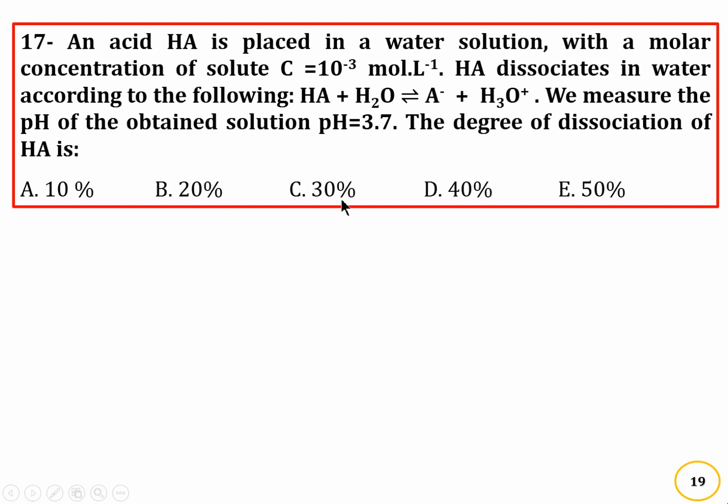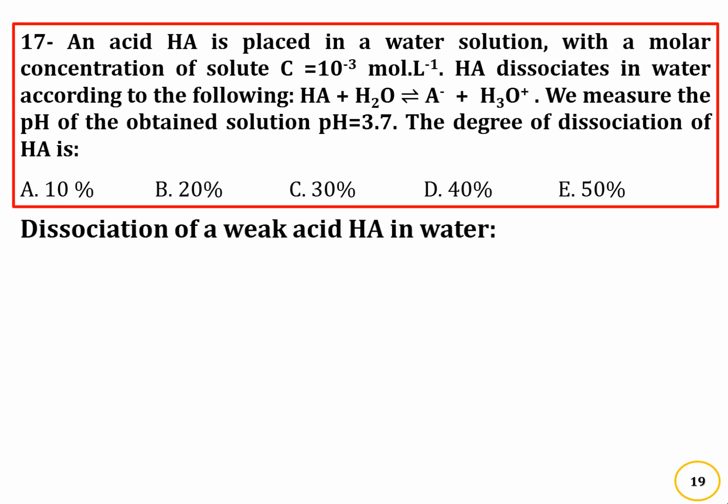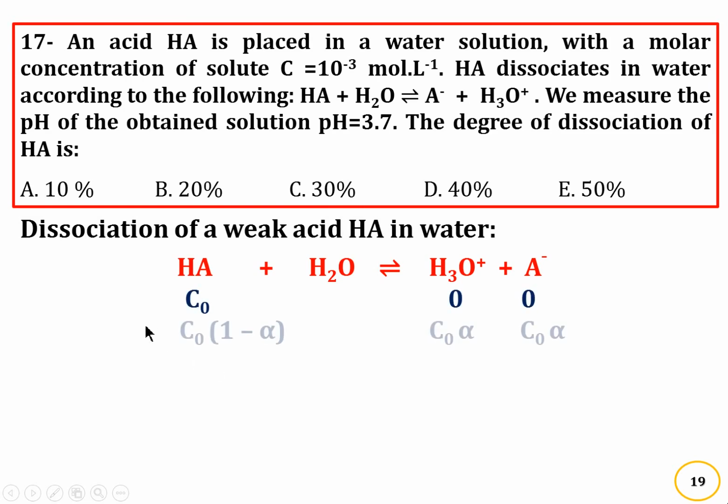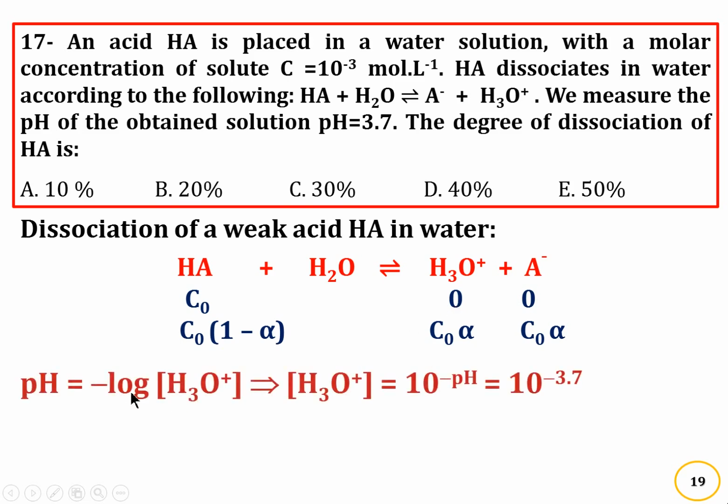So again, we have to write the equilibrium dissociation of HA in water, C0, 0, 0 at t equals 0, at equilibrium C0 (1 minus alpha), C0 alpha, C0 alpha. The pH equals 3.7, and the pH equal minus log [H3O+] at equilibrium. So [H3O+] equal 10 to the power minus pH equal 10 minus 3.7, and this value 10 minus 3.7 is equal to C0 alpha.